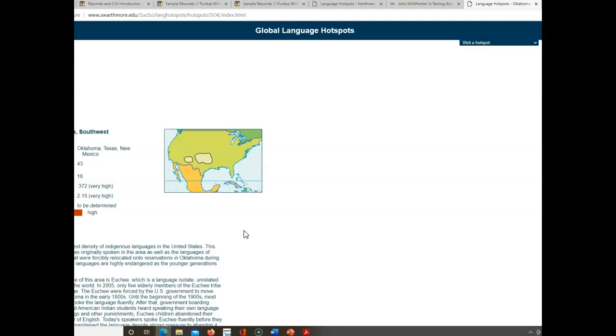And finally, if the only remaining speakers are 60 years or older, then you know that the language is in real danger, right? Because at that point, you do not have the passage of the language between the generations. That is what, like culture, as we've discussed, keeps language moving forward, is passing it from one generation to the next. If there are only elderly people who know how to speak a language, then sadly, almost inevitably, that language is going to die out. Okay?